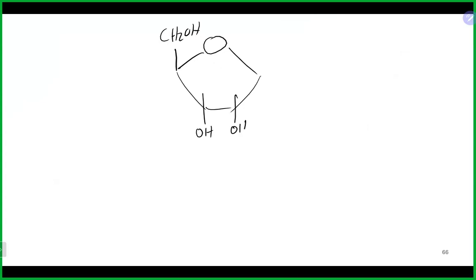So let's say we had this one. Why don't you draw, we'll do the L form there. So open that up and draw the open chain from that one.